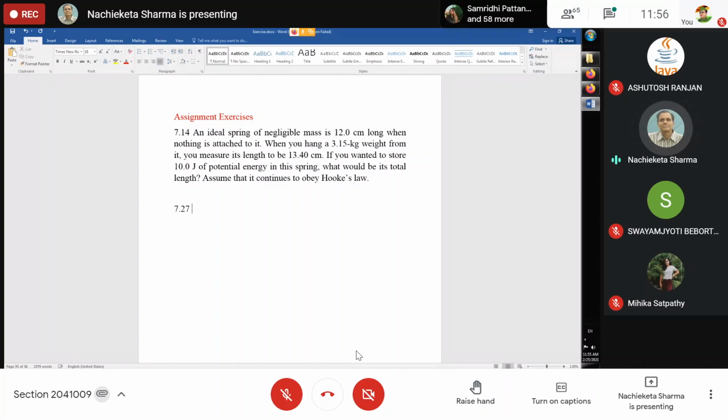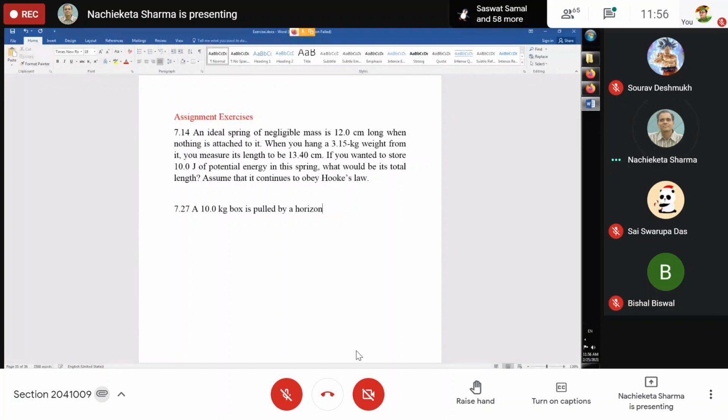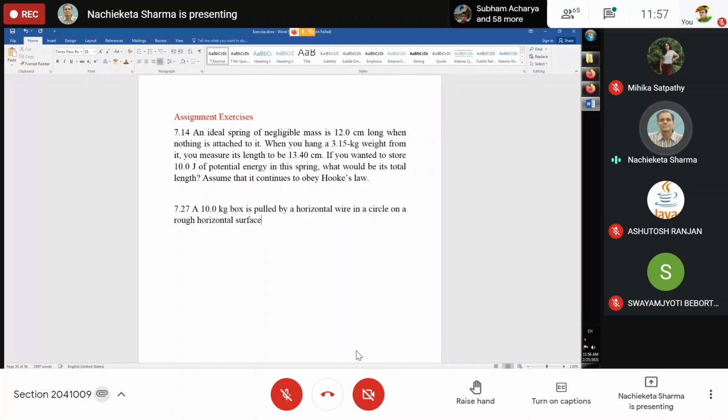And then we have got another number, 7.27. A 10 kg box is pulled by a horizontal wire in a circle on a rough horizontal surface, for which the coefficient of kinetic friction is 0.250.